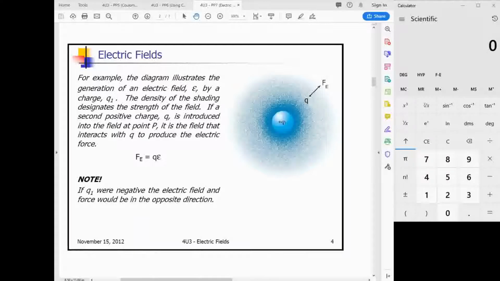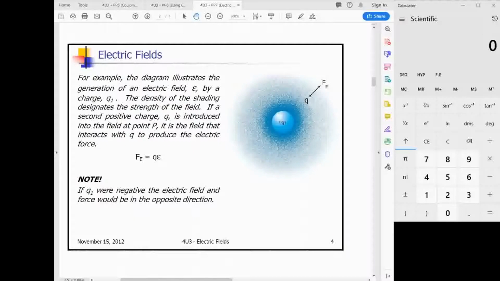And Q1 is the source. If we have another charge Q within that electric field, it will experience an electric force, Fe. If it was positive, then it would be repelled away from Q1, and if Q was negative, it would be going towards it.